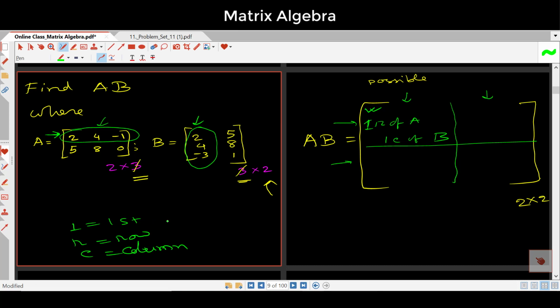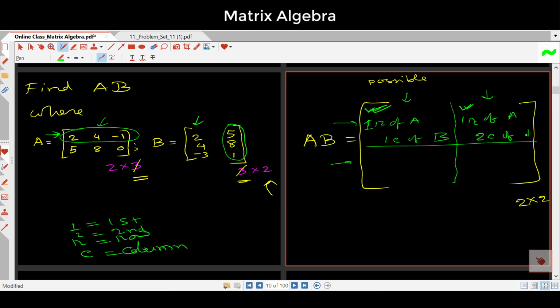If I say 2, then it will be second. So in this position you have to do calculations based on the first row of A times the first column of B. What about this position? It will be first row of A times second column of B.